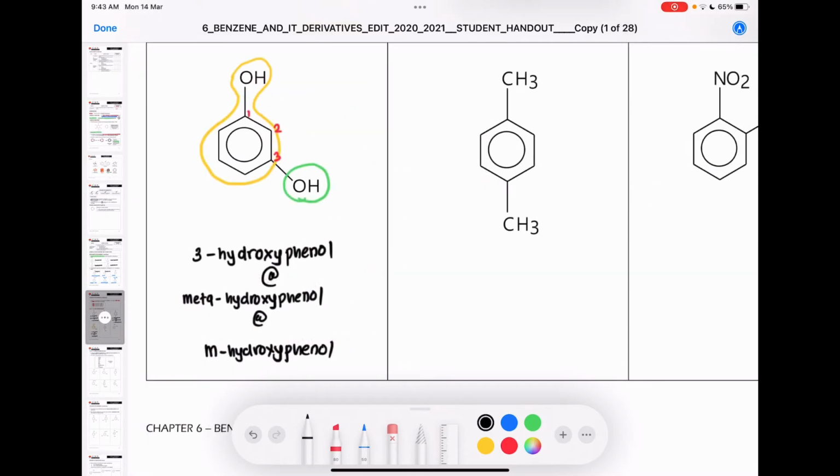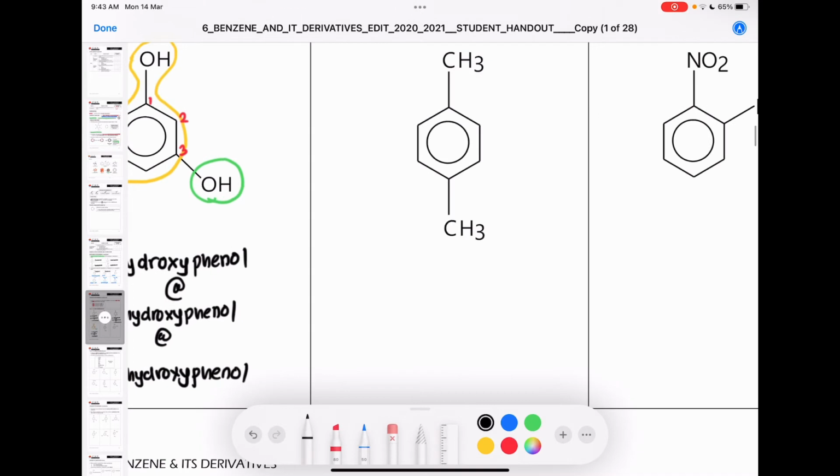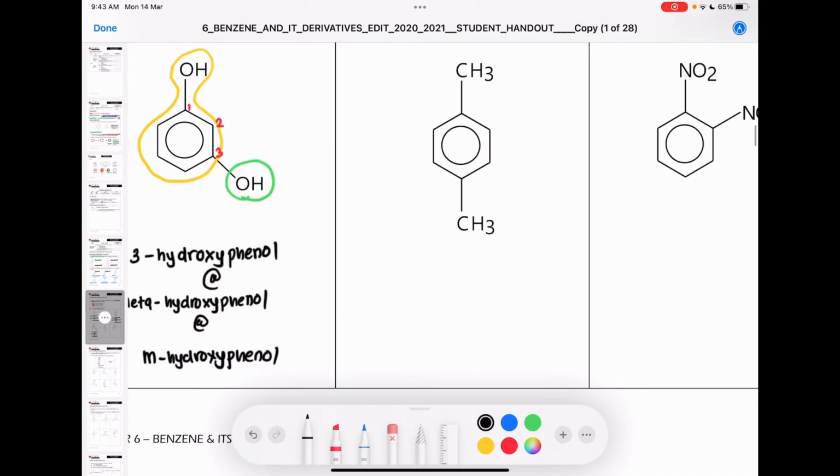Now let's take a look at the second example. We have CH3 and CH3. CH3 together with benzene is known as toluene. Now let's number them. This one will be carbon number 1, carbon number 2, carbon number 3, and carbon number 4. So 1, 4, the same substituent, which is CH3.